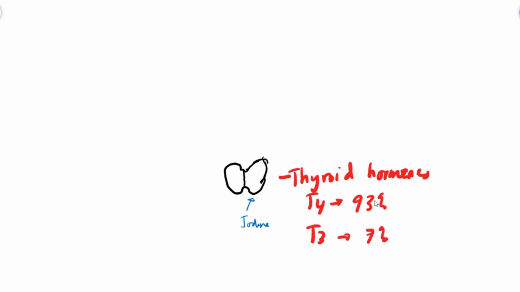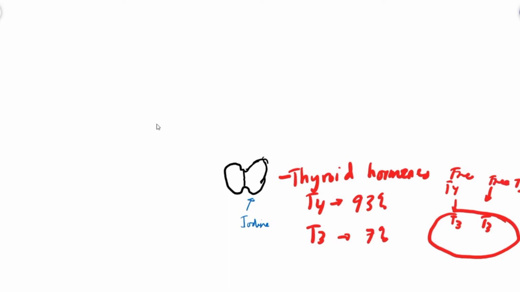Even if T4 goes to the cells, for example this is a cell, if there's a T4 coming here, one iodine is going to be taken away, and it's going to be converted to triiodothyronine, T3. T4 is called thyroxine. This is free T4 and free T3.